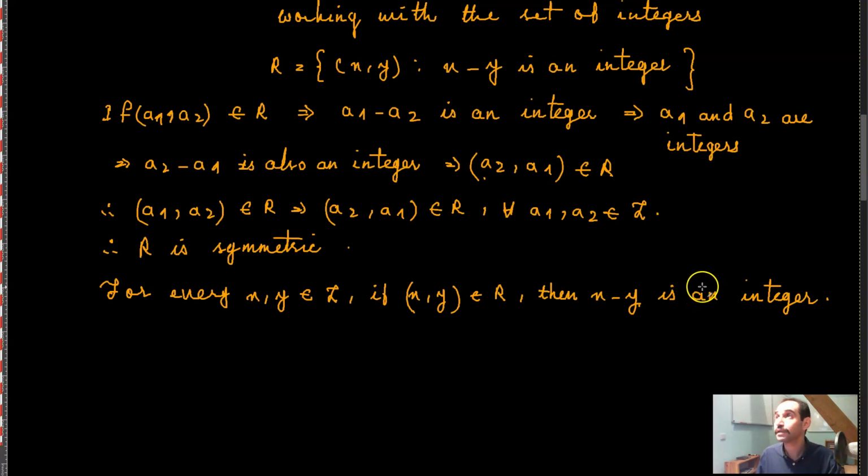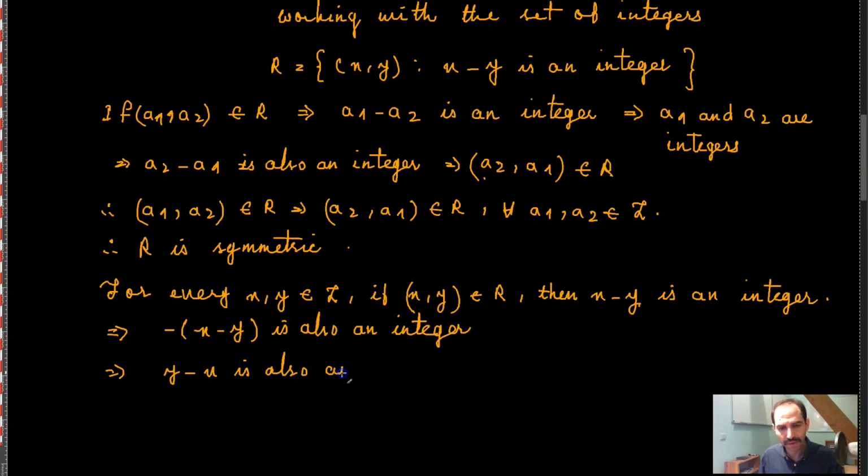So what that means is that negative of x minus y, which is y minus x, is also an integer, which implies that y comma x belongs to R, which means that R is symmetric.